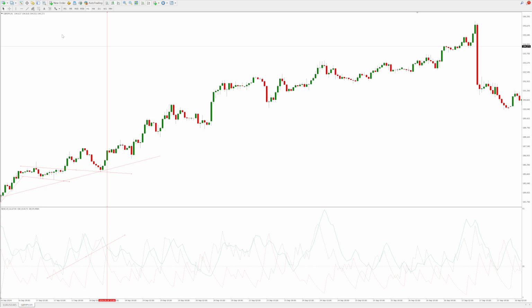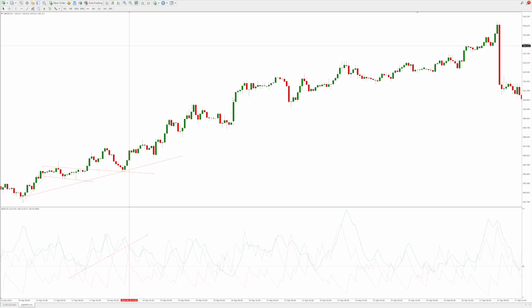If we just zoom out, we can see that from the initial entry there was almost 1,000 pips worth of trading action there, whether you were to get in here, here, here. There's plenty of opportunity to enter throughout.